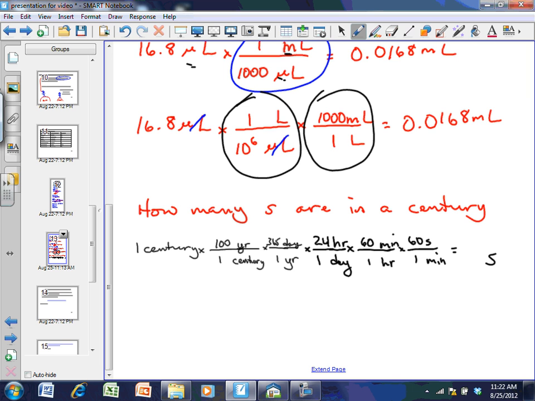And so if I want to know how many seconds there are in 1 century, I do 1 times 100 divided by 1 times 365. You don't have to hit the divided by 1 bit. You get times 24 times 60 times 60.